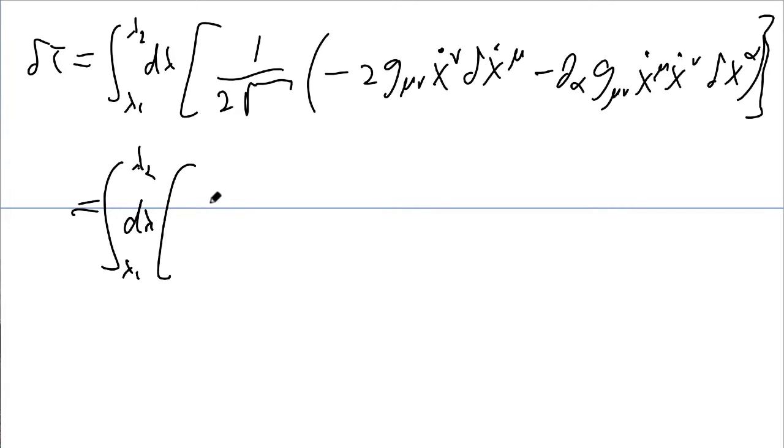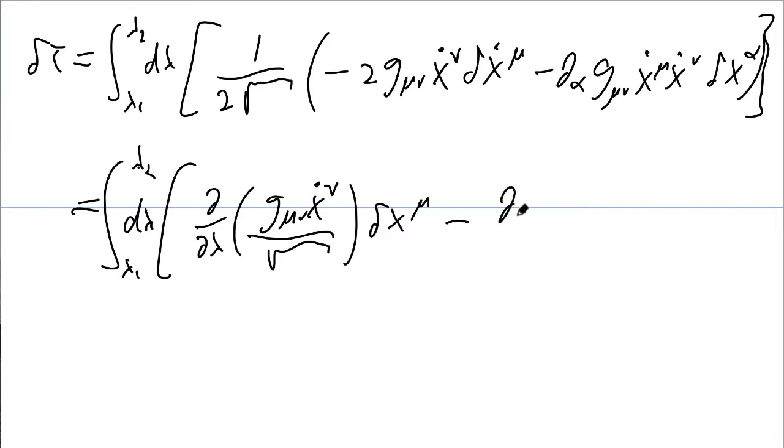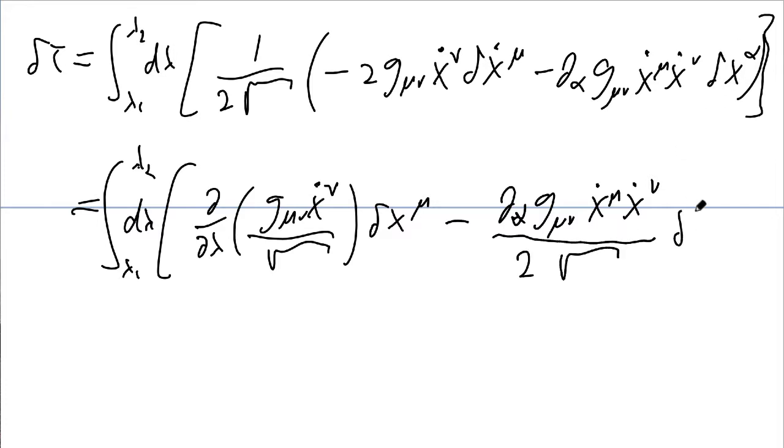So what we're left with is the d by d lambda of g mu nu x dot nu divided by the square root. And all of that is times delta x mu. And the remaining terms here are minus partial alpha g mu nu x dot mu x dot nu. We have the 2 square root in the denominator and then delta x alpha.